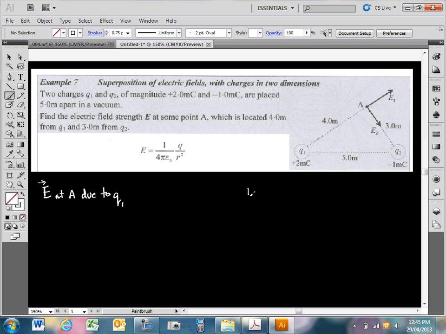And over here we'll solve the electric field at A due to Q2. Then what will we do? Yeah, this one's a nice problem. We're going to use Pythagoras to solve this resultant electric field, aren't we, at this point, due to the two charges.